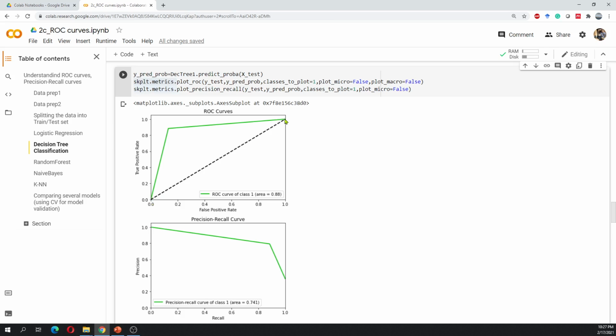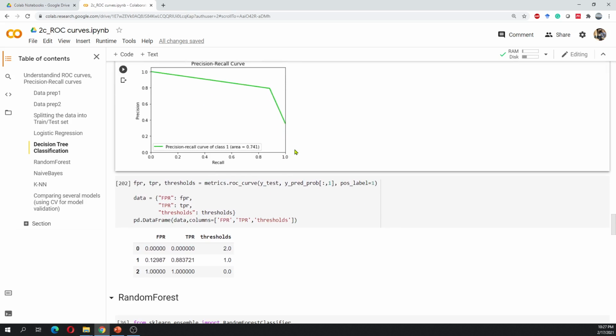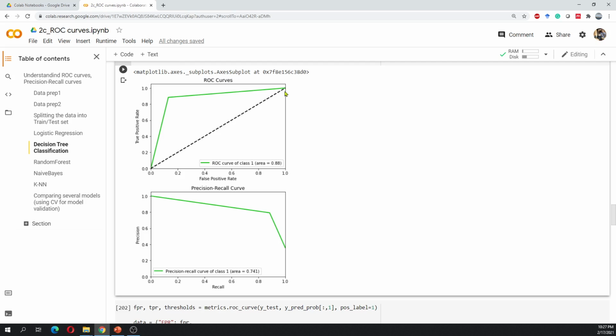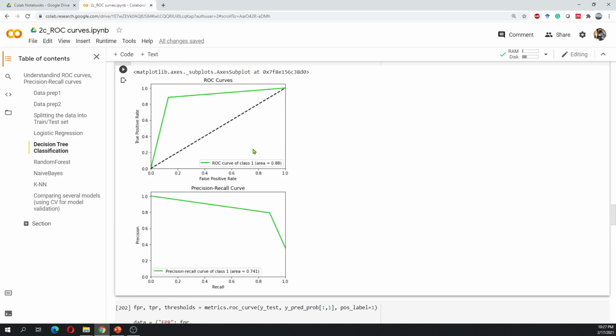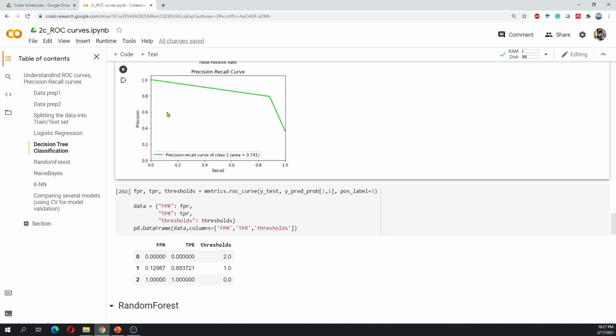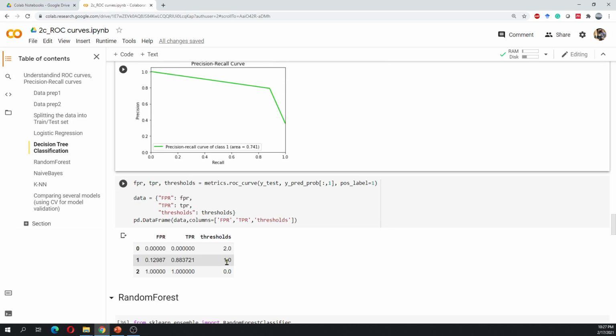Over here, you have true positive 1, false positive 1, and these are just the two ends. And we can't really choose these as options. So basically, it's only calculating this for you at one threshold, at this 1.